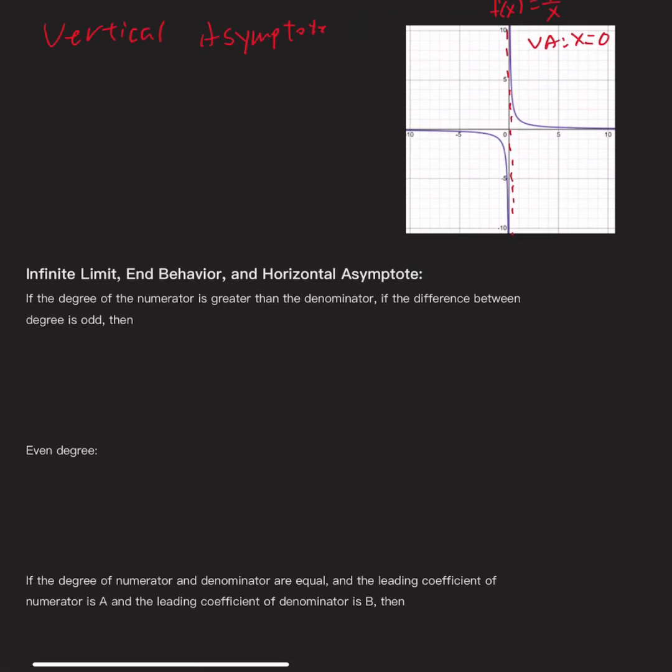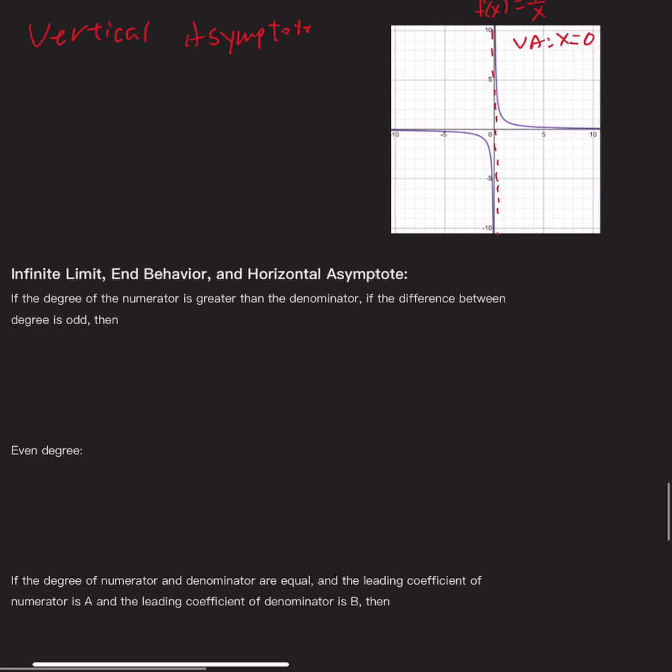Well, infinite limits and end behavior and horizontal asymptotes all talk about what happens as x approaches infinity or x approaches negative infinity. They're all the same thing.